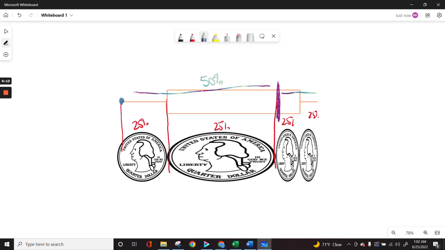And from here to here, this is 50% of the data. And it might not look like it, because look how this looks like it would be a bigger section. But it's still 50% of the data. And that's how you read these box and whisker plots. That's the key. The major concept here is that each part is 25% of the data.